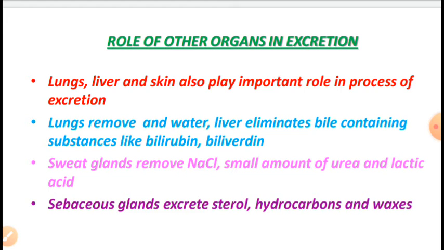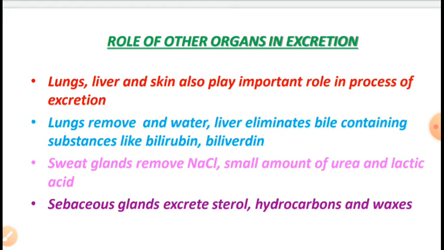It secretes bile containing substances like bilirubin, biliverdin, cholesterol, degraded steroid hormones, vitamins and drugs. Most of these substances ultimately pass out along with digestive wastes. This way the role of the liver is also found for elimination or excretion from the human body.